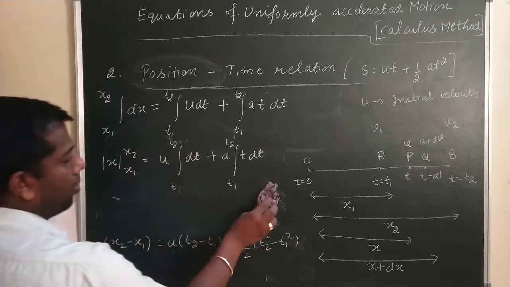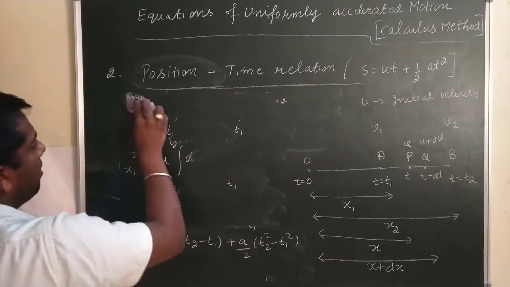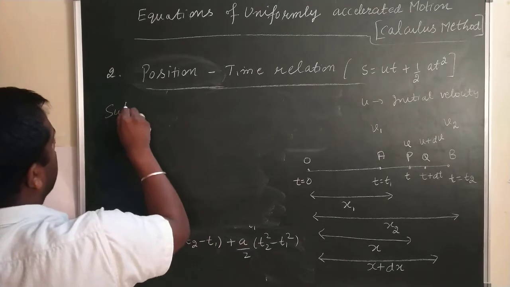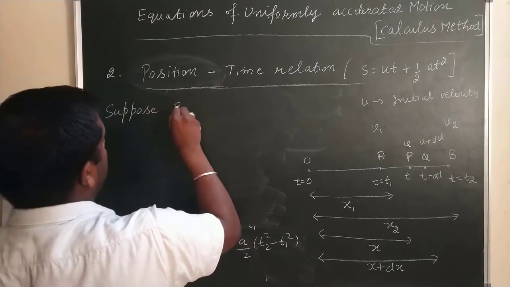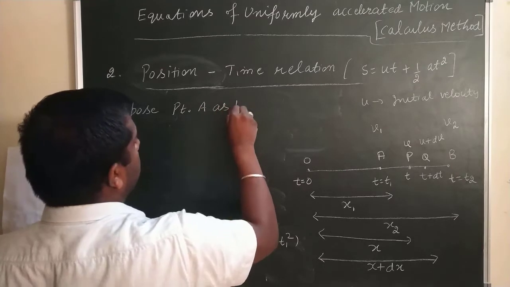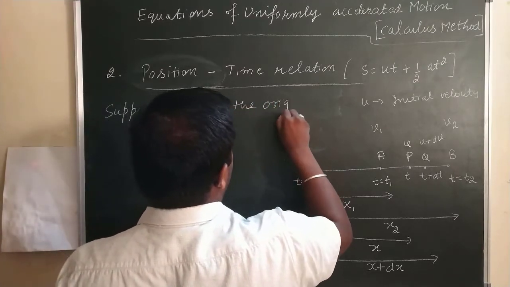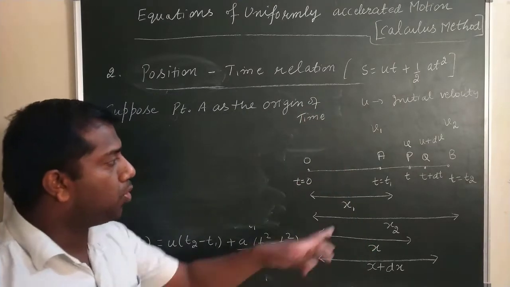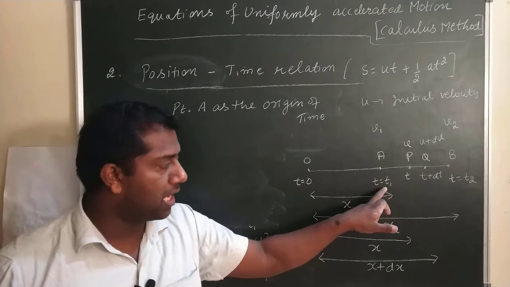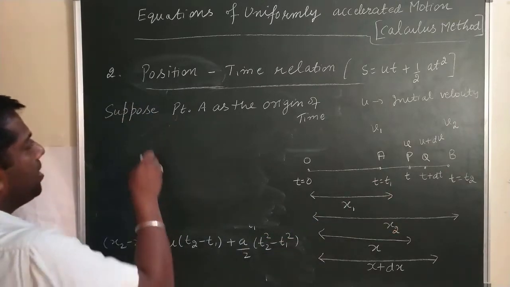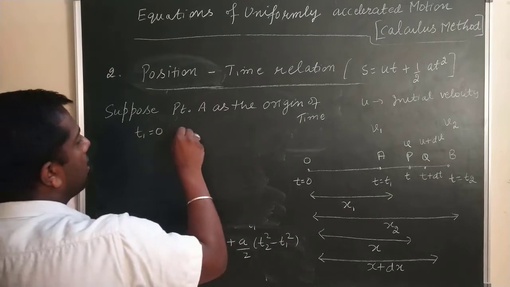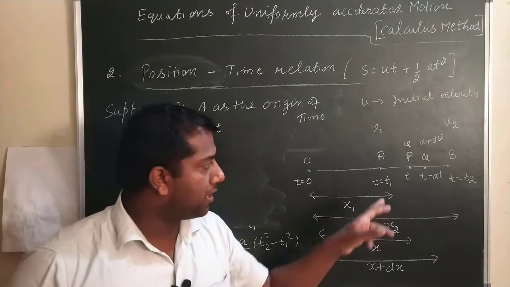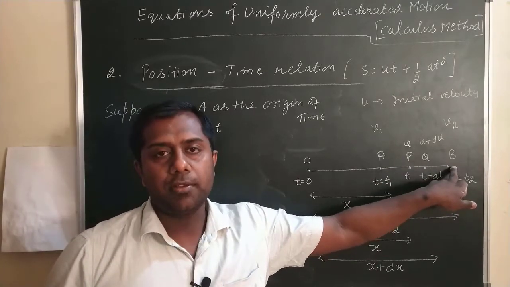Clear, students? So now again in this case we will suppose this point A as the origin of time. If we suppose this point A as the origin of time, then the time at the point A will be 0. It means that t1 is 0 and t2 is simply equal to t, meaning the object will take the time t from the point A to the point B. Clear?